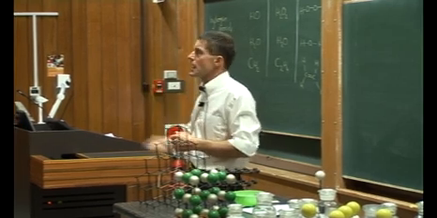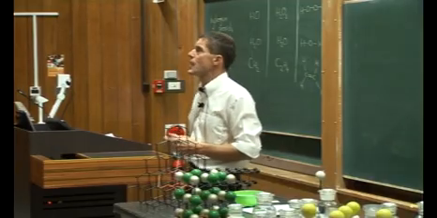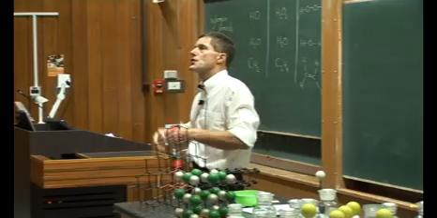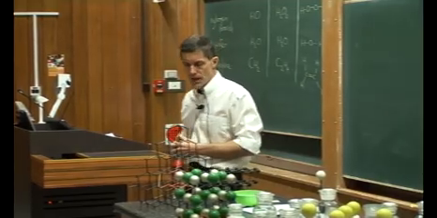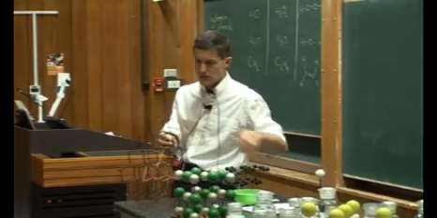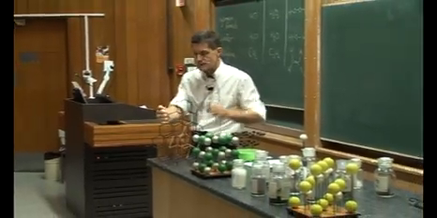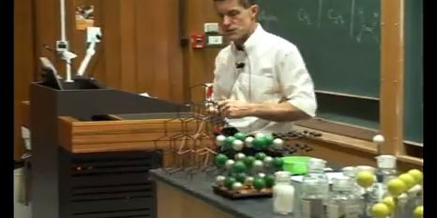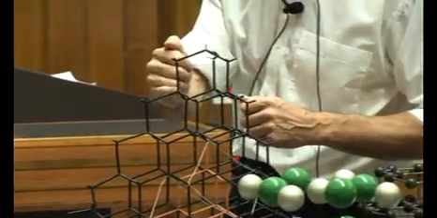But then something like carbon, particularly the form of carbon that's diamond, we know is incredibly hard, incredibly high melting, a strong material. And this is a model of diamond where every carbon atom, indicated by the joints between the straws here, is bonded to 4 other carbon atoms.